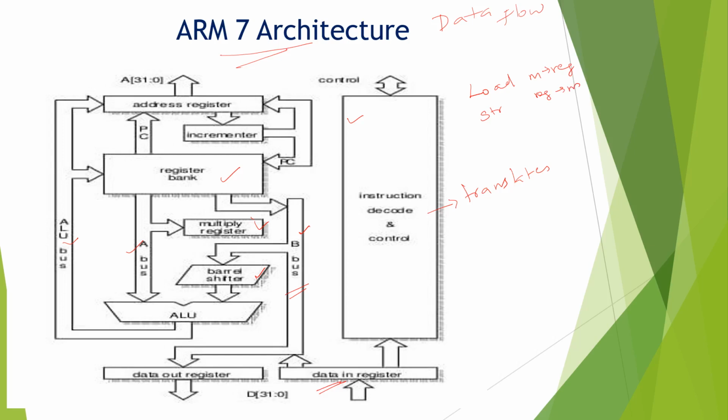See, here is the register bank. It is also known as the storage bank, made up of 32-bit registers. Data is read from memory and placed into this register file.